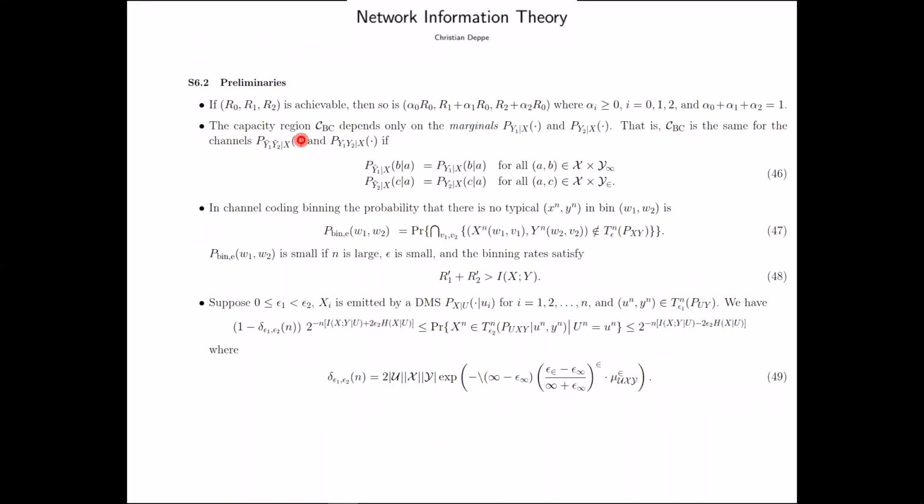First, we did some preliminaries. So what we saw is that if we know that we have a tuple R0, R1, and R2, which is achievable, then we know that alpha0 (R0, R1, R2) plus alpha1 (R0, R1+R0, R2) plus alpha2 (R0, R1, R2+R0) is also achievable, if all alpha_i are greater or equal 0 and the sum over all alphas is equal 1.